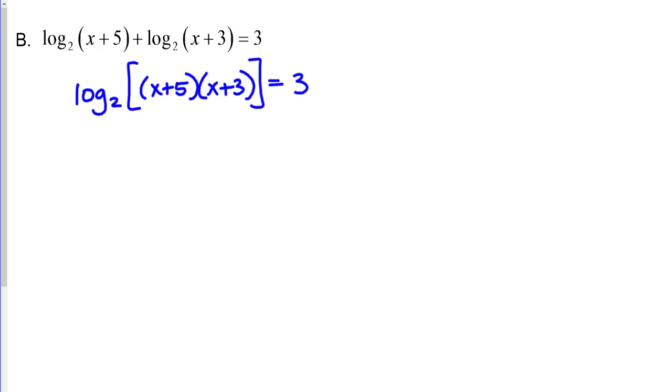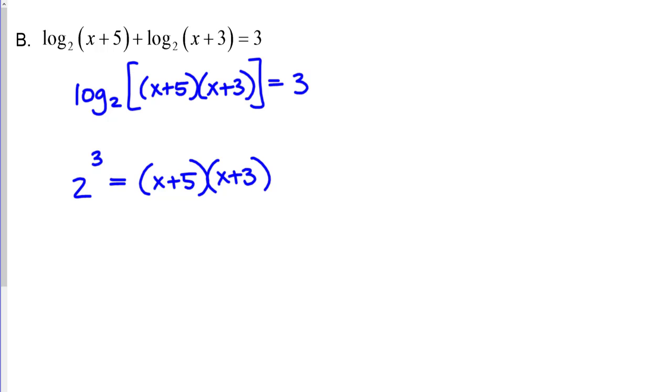Because I can't change it into exponential form until that happens. I have to just have a single logarithm equal to a constant. All right, now I take the base of my logarithm, which is 2, raise it to the third power, and set that equal to (x plus 5) times (x plus 3).